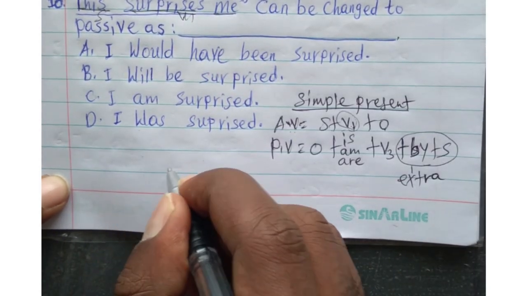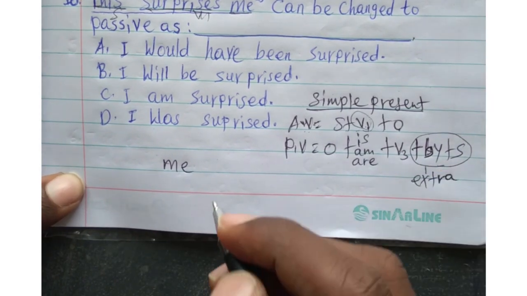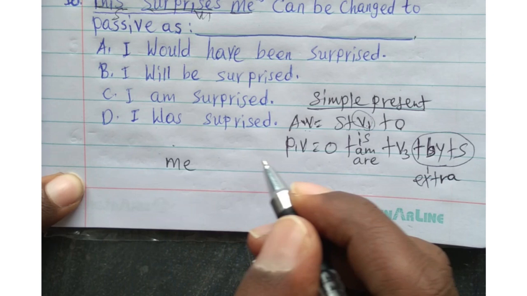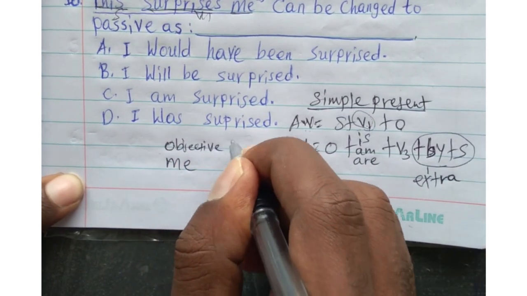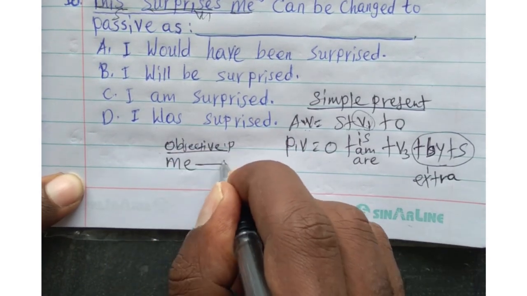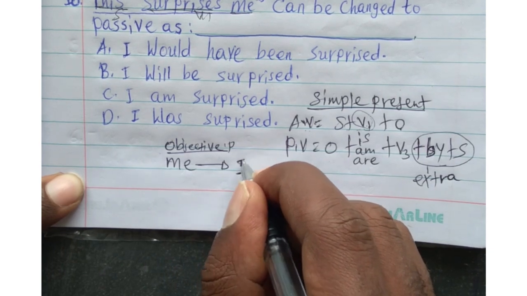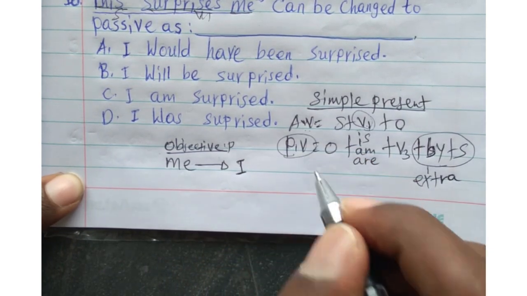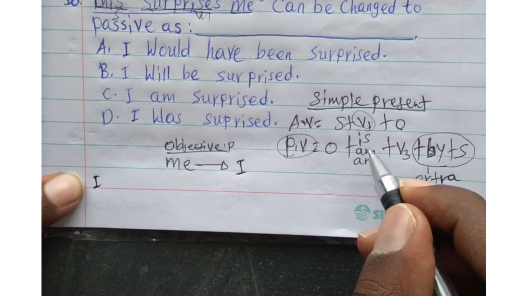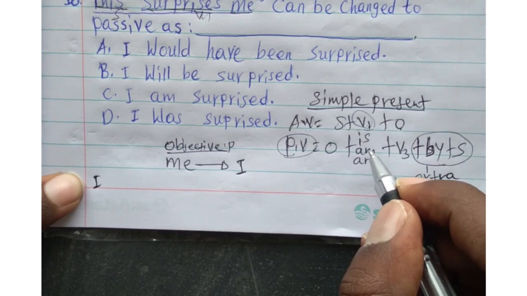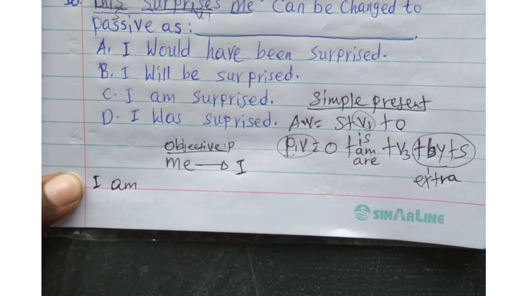So me, which is the objective pronoun, must be changed into the subjective, as I, in the passive sentence. So we can say I, and then the verb to be that is used with I is am.